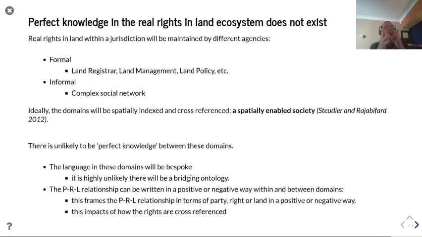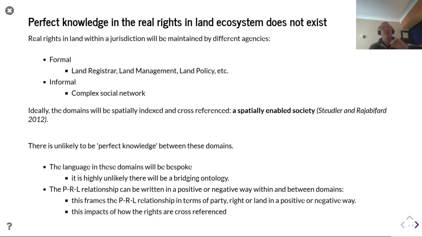However, there's unlikely, at least in the short to medium term, to be perfect knowledge between those domains. This means the language in each of these domains will be bespoke, and there's highly unlikely to be any bridging ontology between the domains. Equally, the party right and land relationships can be written in both positive and negative terms, both within and between the domains.